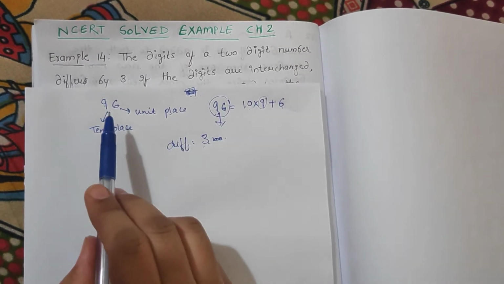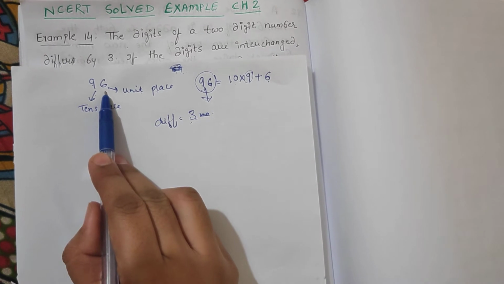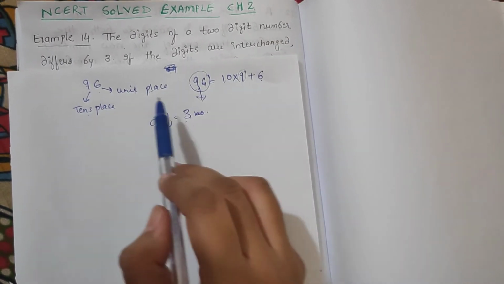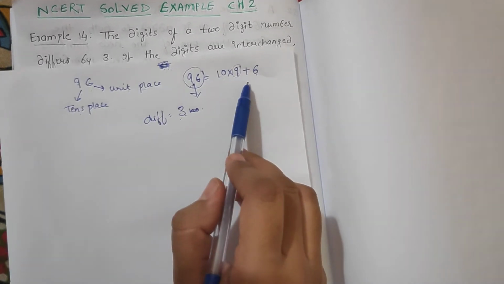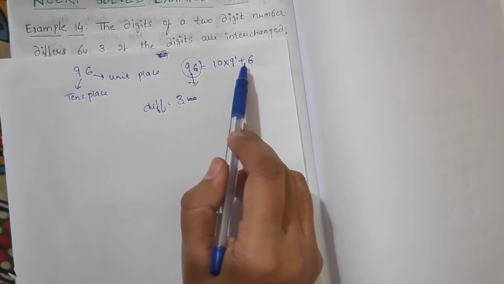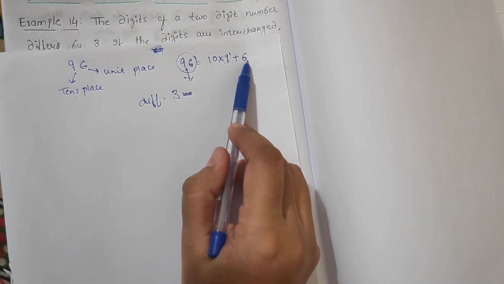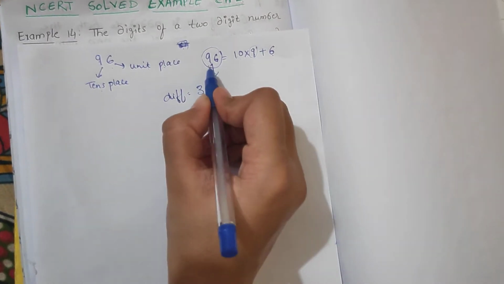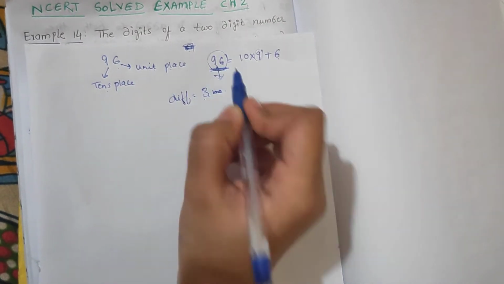So first let us consider the number we have taken, 96. This 6 is at unit place, this 9 is at tens place. We can write this in expanded form, that is 10 into the digit at tens place plus the digit at unit place. Now let us consider that our original number is 96.